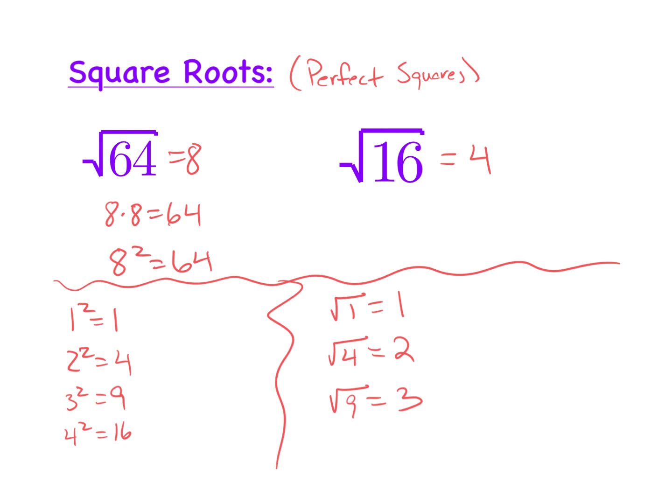Square root of 25. 5. Square root of 36. 6. Square root of 49. 7. Square root of 64. 8. Square root of 81. 9. Square root of 100. 10. Square root of 121. 11. Square root of 36. 12. 6. 6. I just wanted to see if y'all are paying attention. All right, square root of 144. 12. Okay.